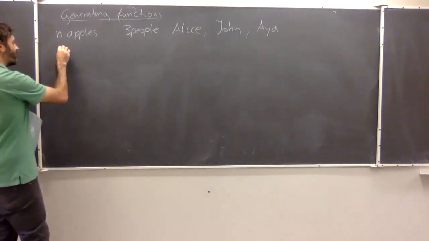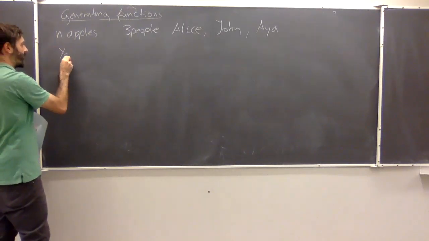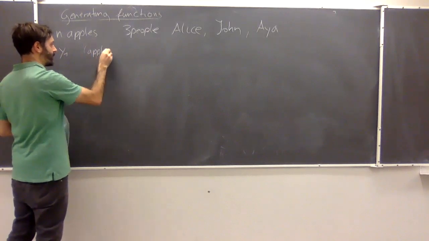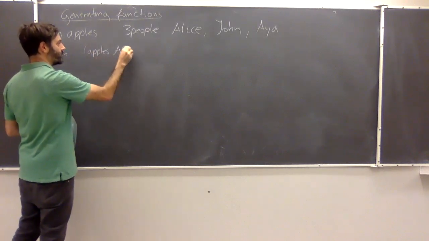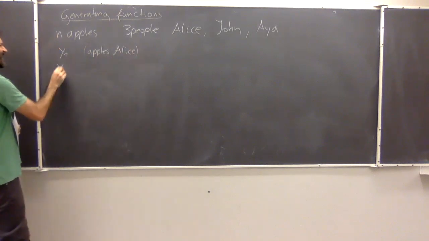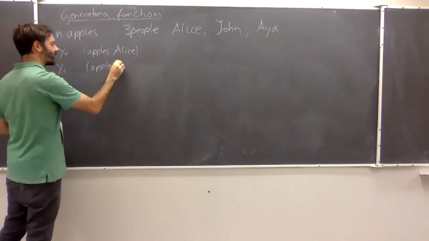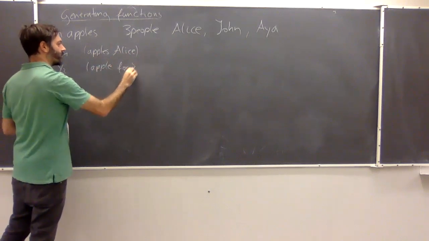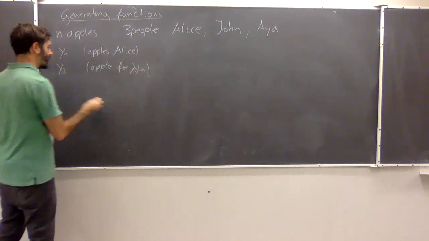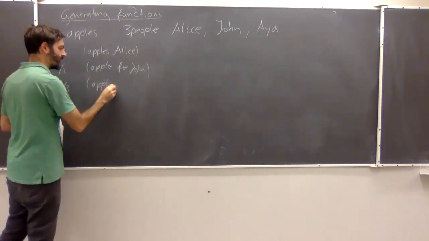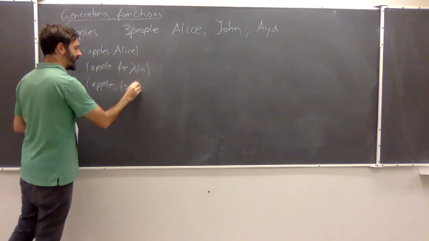So basically, you have something like y1, and that's apples for Alice. Y2, apples for John. And Y3, apples for Aya.